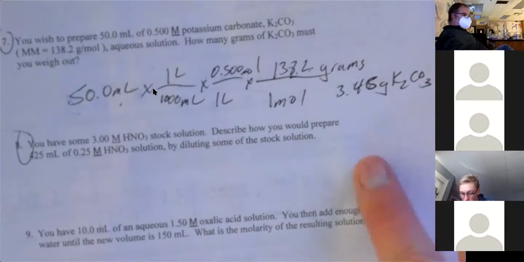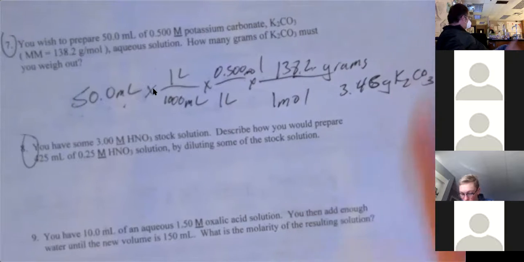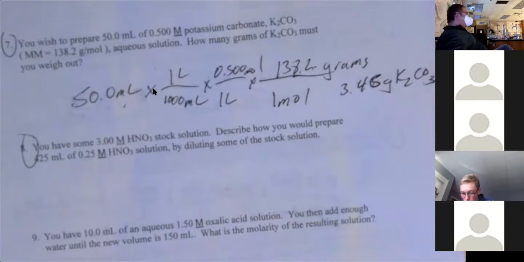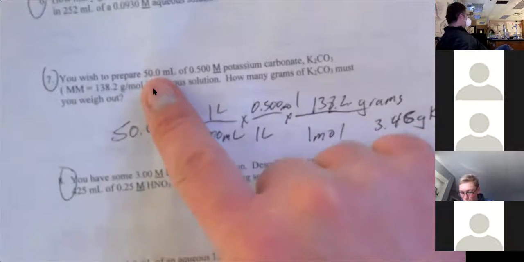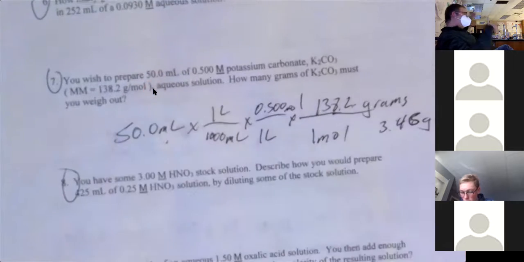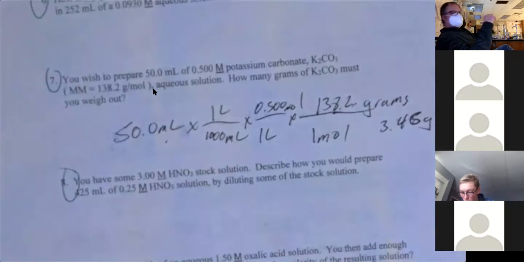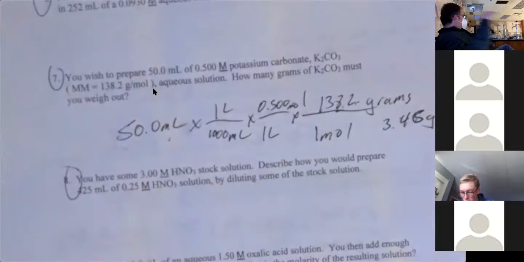I would then put it into water, and I would slowly add water until all of it dissolves. And then the final volume I would want to get up to would be 50 milliliters of solution. So I would carefully add the water until all of it dissolved, and I had 50 milliliters. That tells me the concentration.